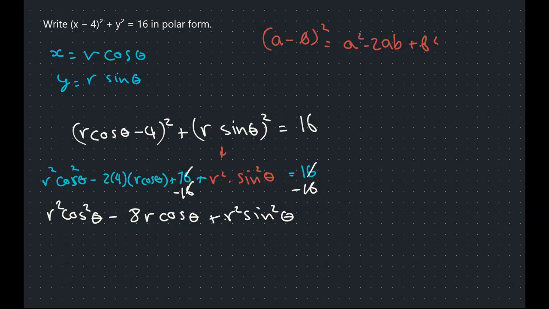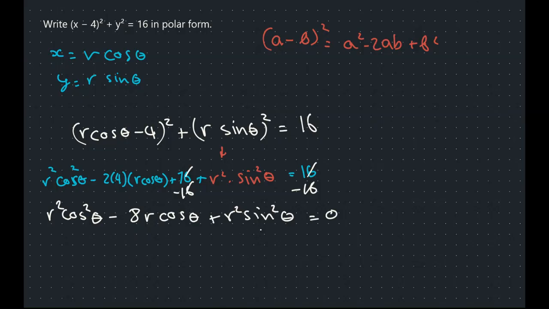And let's have a look at this. This really looks nice because what we have sine squared and we have cosine squared, and we know what we will get from this. We will get 1. Of course, I forgot to include here that all of this is equal to 0.